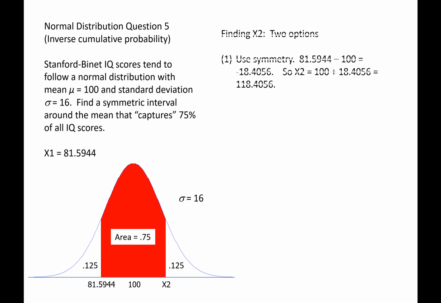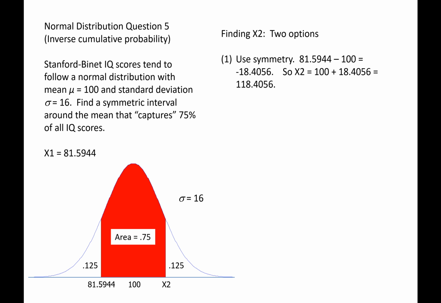Now we have a couple of ways that we can find x2. The first one is using symmetry. Because we have a symmetric bell-shaped distribution, we know that 81.59 is 18.4 IQ points below the mean of 100.